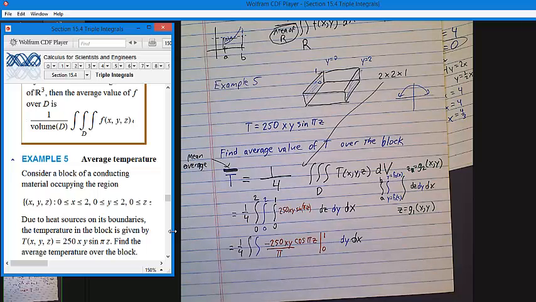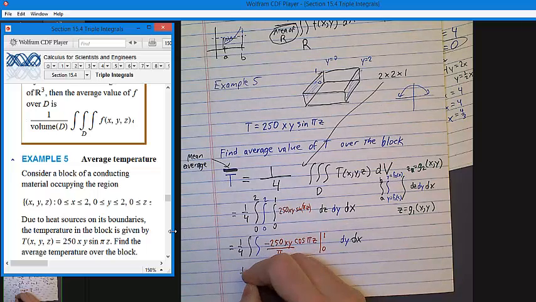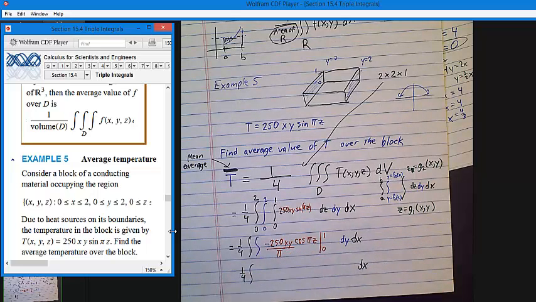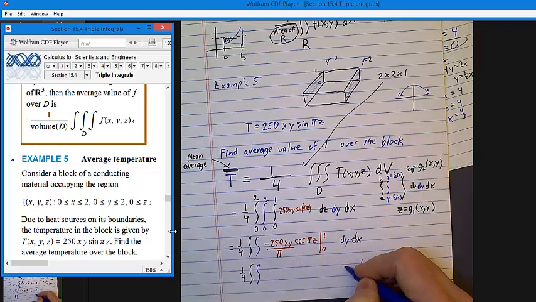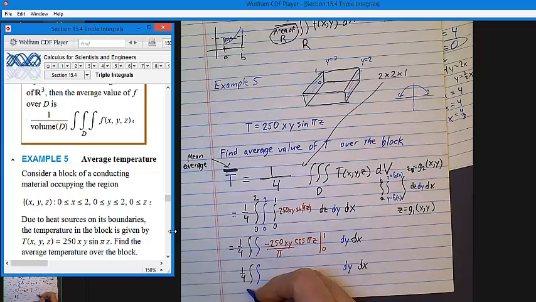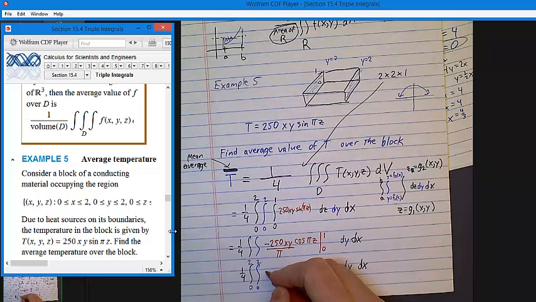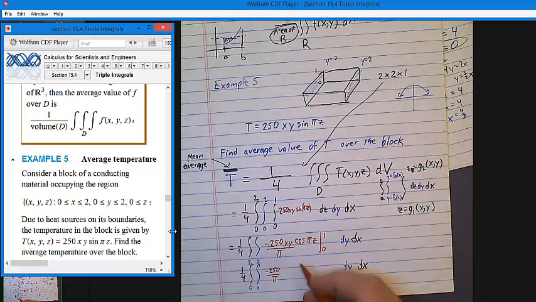And so again, I have a 1/4, I have an integral dx, I have an integral dy. Maybe I should start writing those zeros and twos. I'm going to need them soon. What I do is I plug in 1 and I plug in 0. So this is negative 250 over pi, and then I have an x and a y, and when I plug in 1, what do I get? I'm taking the cosine of pi.